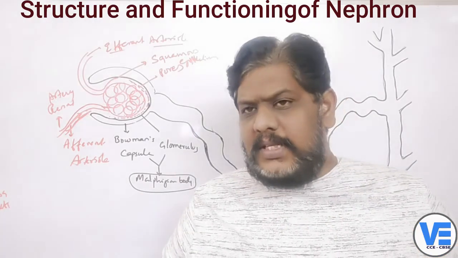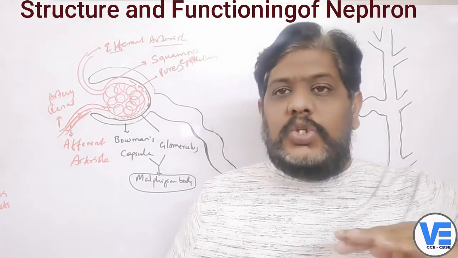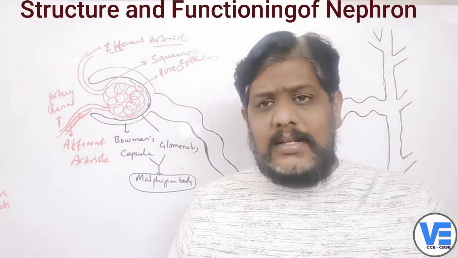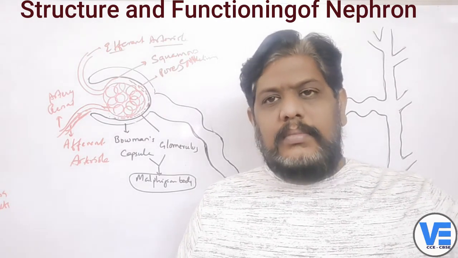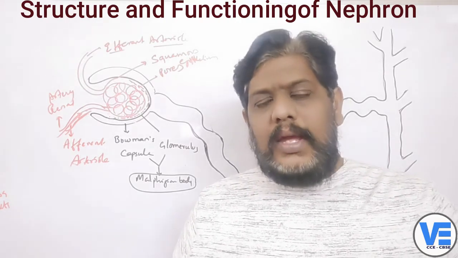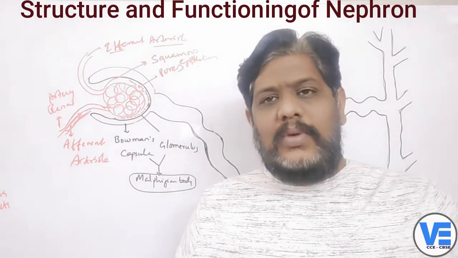Now if you take the example of the blood, what are the things which are present in the blood? There are so many things, isn't it? Water, blood cells, RBC, WBC, blood platelets, heparin, sodium, calcium, chloride, sodium chloride, and different ions, right? And then we can see urea, uric acid, creatinine.